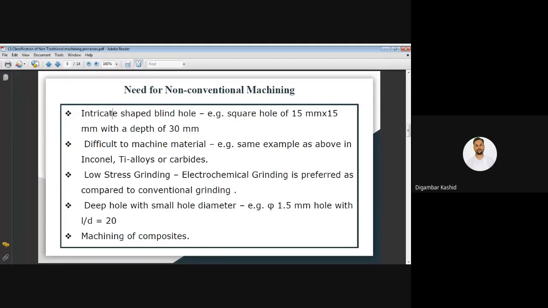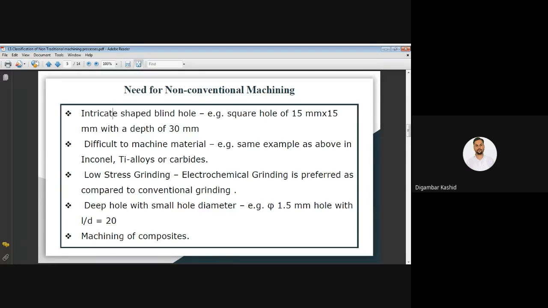Then for deep holes with a small hole diameter, for example, if the hole diameter is 1.5 mm and the ratio of depth to diameter is 20, it is not possible, or it may be difficult, using conventional machining.